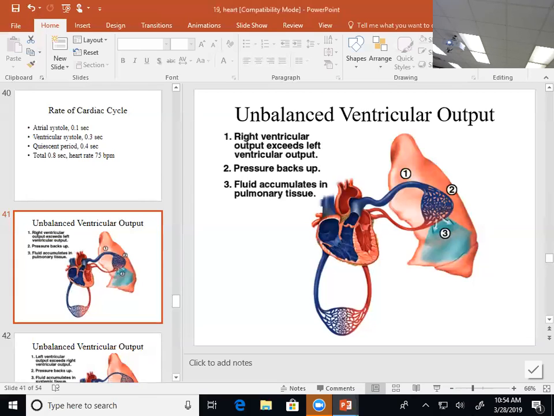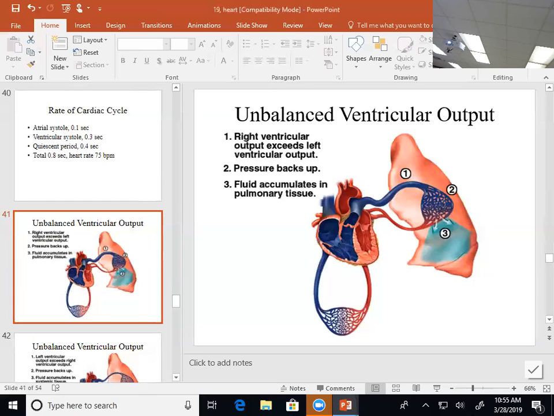So let me tell you what happens and see if this makes sense. When the right ventricle output is exceeding the left, would it make sense that, if it's working harder, and it might be having to work harder because of respiratory disease, it is giving blood more time to move through this area?